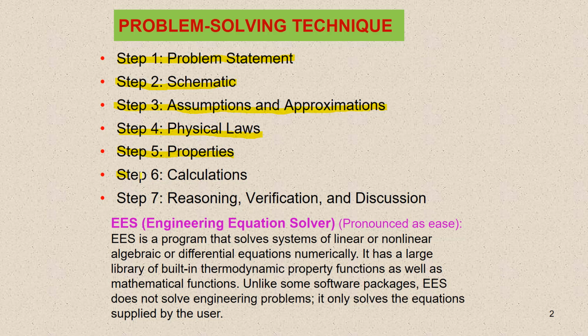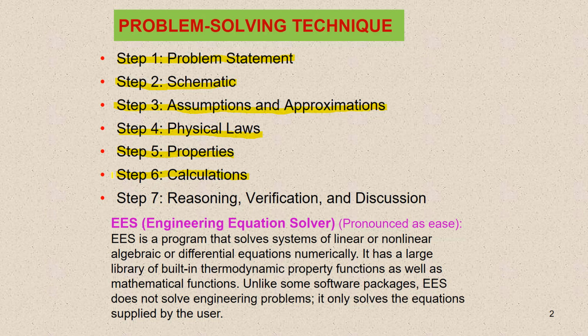In step 6, do calculations. Substitute the known quantities into simplified relations and perform calculations to determine the unknowns. In this case, pay particular attention to the units and unit cancellations, and remember that a dimensional quantity without a unit is meaningless. Also, don't give a false implication of high precision by copying all the digits from the screen of the calculator.